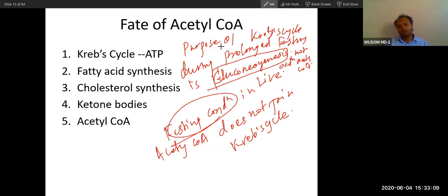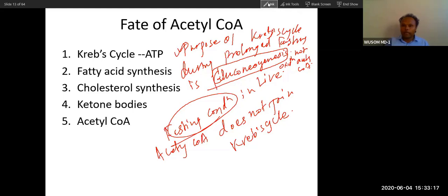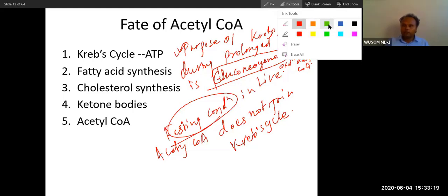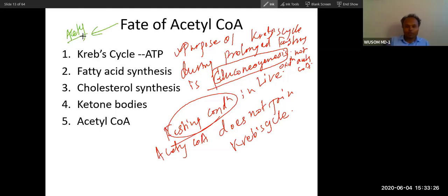What is the purpose of Krebs? Purpose of the Krebs cycle during fed condition is what? Oxidation of acetyl CoA. Yeah, great. So I asked the opposite question, but you answered this question. That means you are present with me. Now, during fasting condition, what is the purpose of the Krebs cycle?